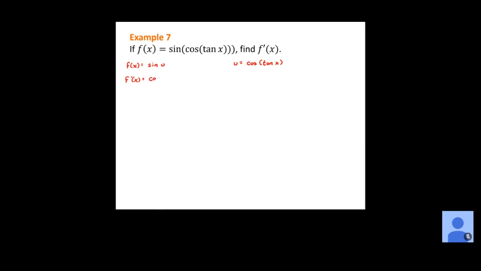Cosine u, derivative of sine is just cosine, but because it's a chain rule, we have to remember what else? Times the u prime. Good. Which means I need to come over here then and figure out what u prime is going to be equal to. How are we going to find u prime?